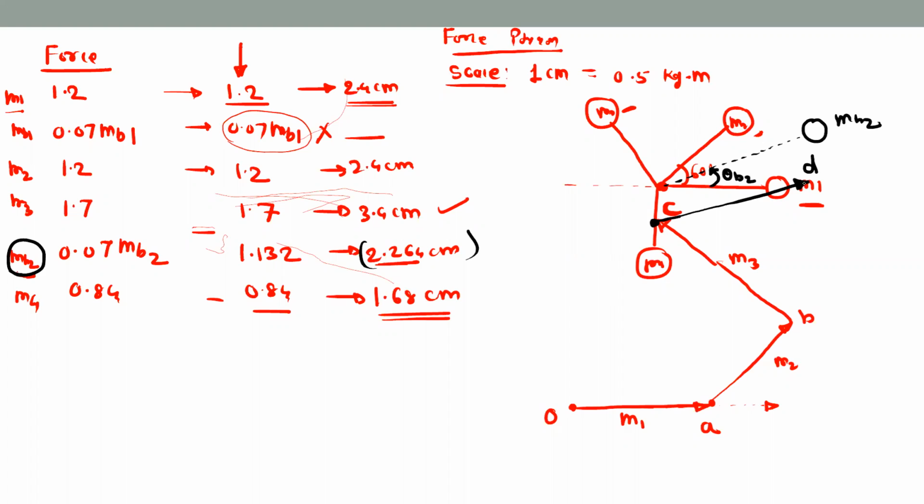And then from point D, draw the vector for mass M4. So where is M4? This is M4, exactly in the downward direction. From point D, draw a parallel vector to this line, and the length is 1.68 centimeter.